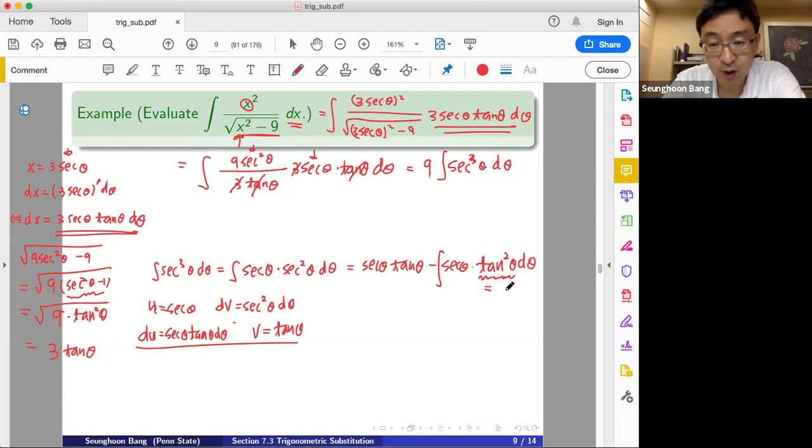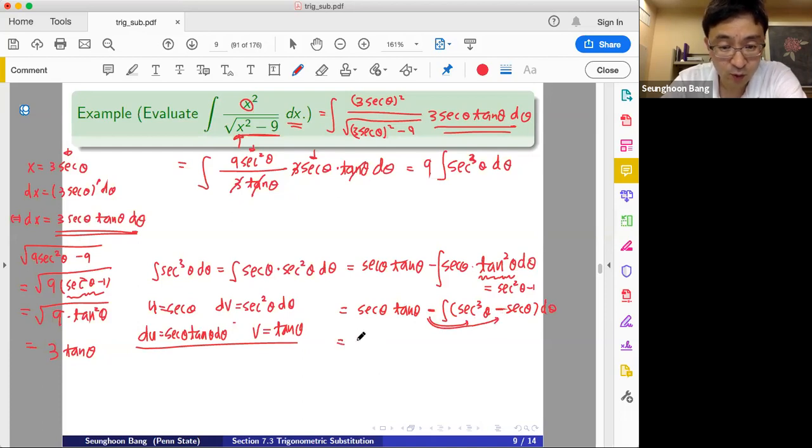The identity of tangent squared is secant squared theta minus 1. You can distribute secant to the first and the last one. So same as secant theta tan theta minus the integral of secant cubed theta minus secant theta d theta. Next, distribute the negative.